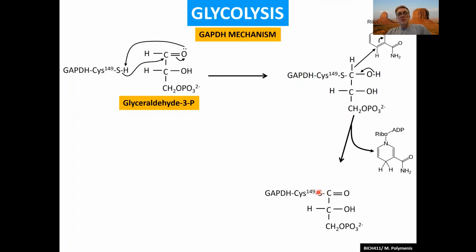If you imagine in the place of sulfur, oxygen, which for redox purposes are very similar, what you really have here is a carboxyl carbon. You started with a carbonyl carbon, and you have an ester. It's not an oxygen ester, but it's a thioester. It's a carboxyl carbon for all practical purposes here.